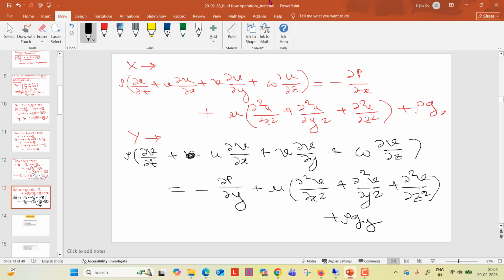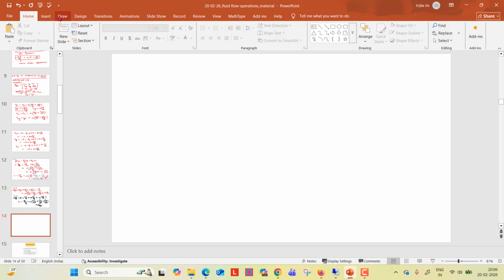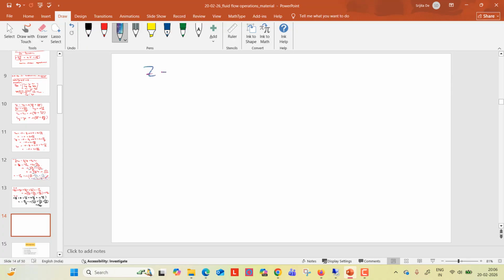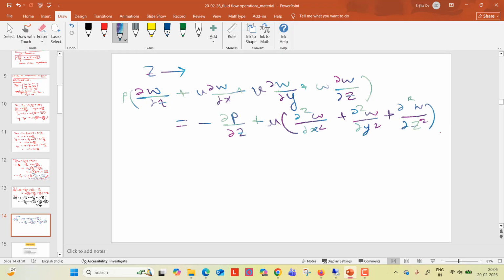Next, for the z direction, similarly it is coming as rho del w del t plus u del w del x plus v del w del y plus w del w del z equals minus del p del z plus mu into del 2w del x2 plus del 2w del y2 plus del 2w del z2, plus rho gz, right?